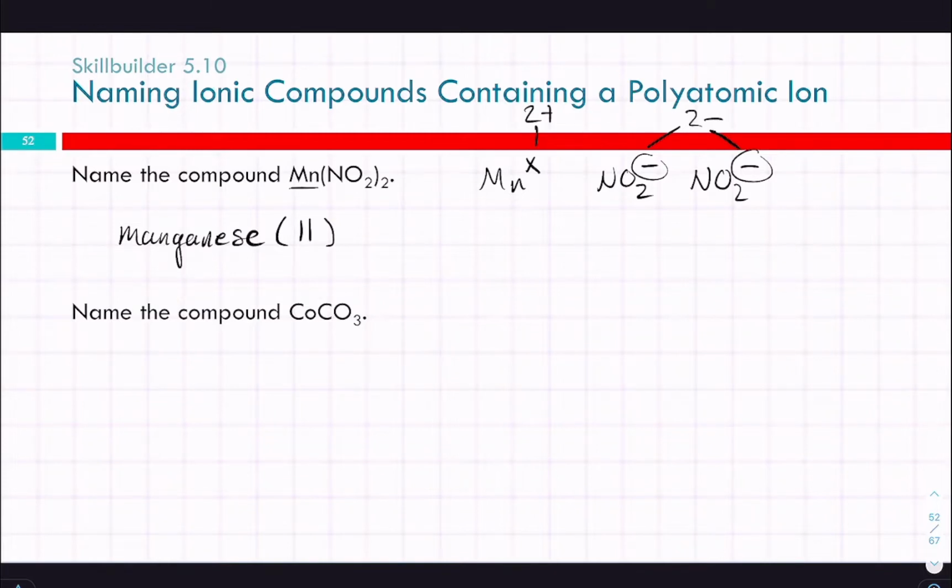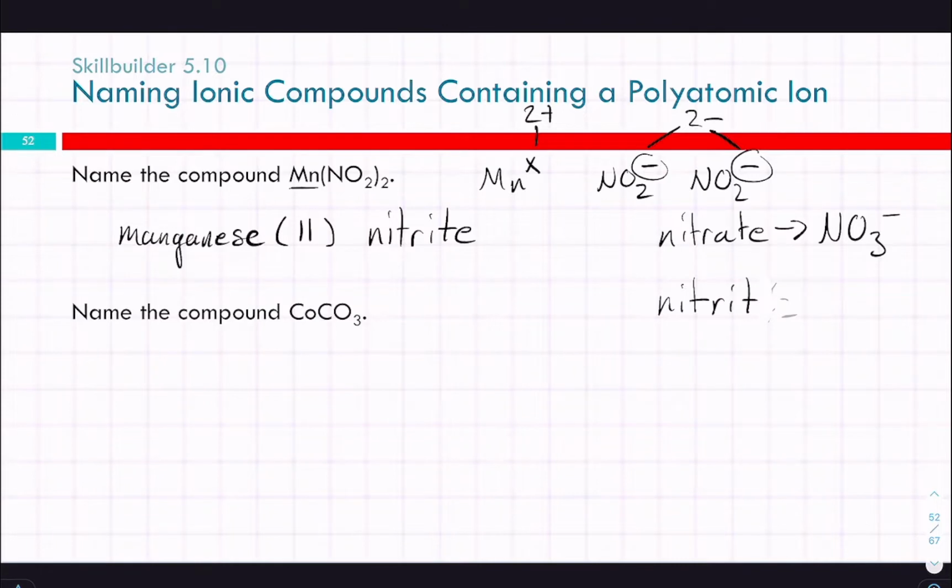So manganese 2, and then this is nitrite, because the base form for the nitrogen series has 3 oxygens. Nitrate is NO3-. Sorry, I should be more consistent with these. Nitrite.